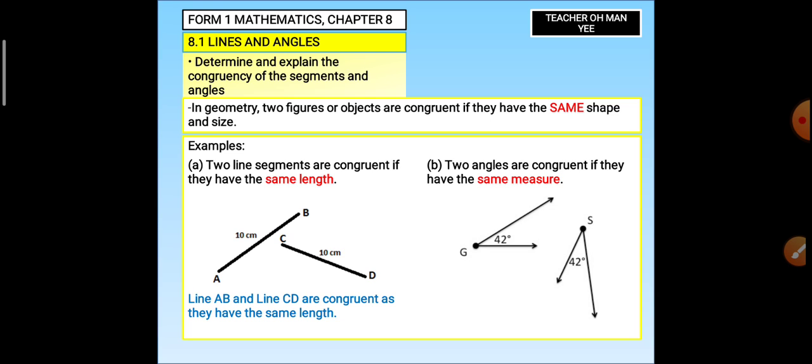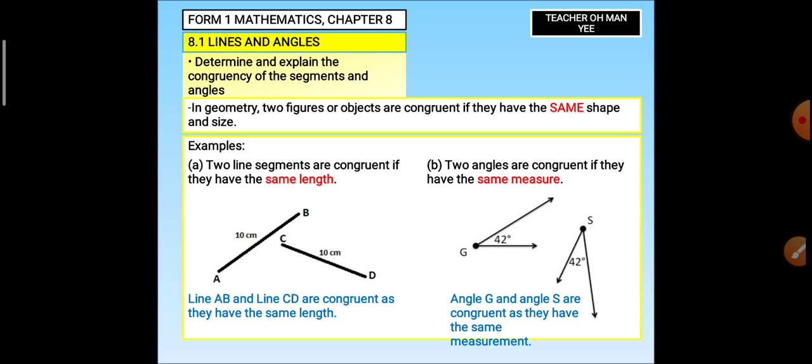So we have a look at angle G and S here. Angle G and S are congruent because they have the same measurement, which is 42 degrees. So students, this is the meaning of congruency. It means they should have the same shape and size.